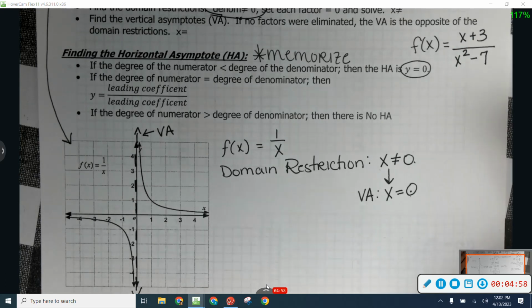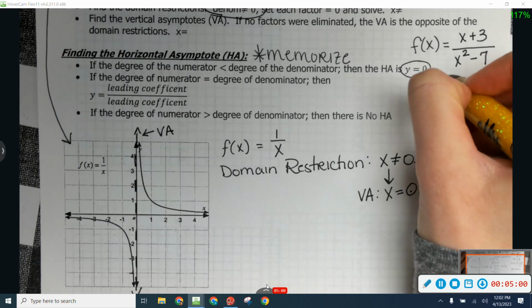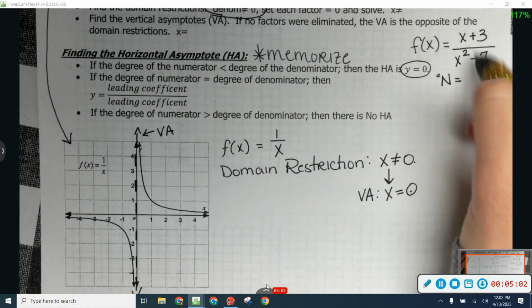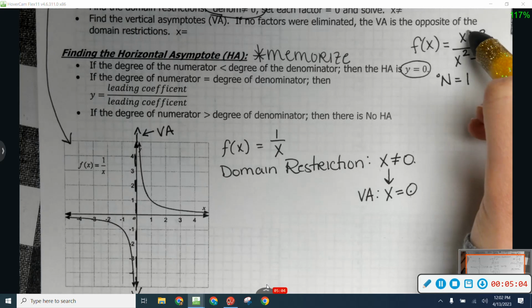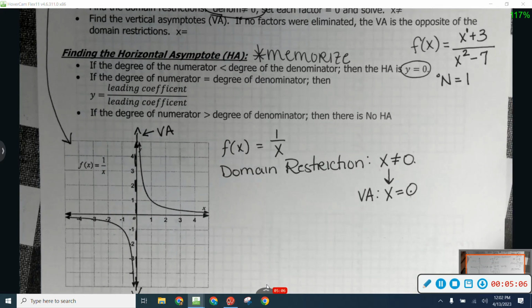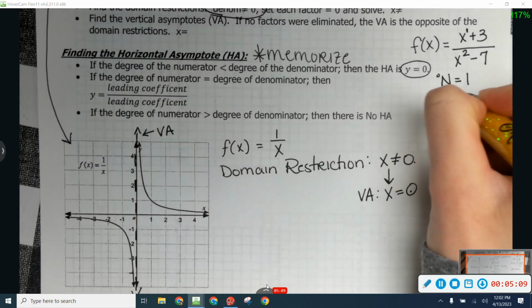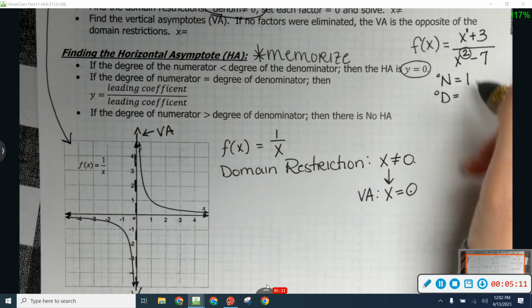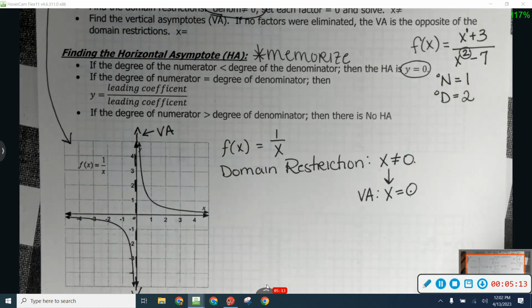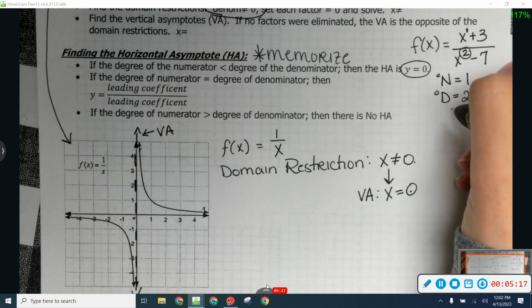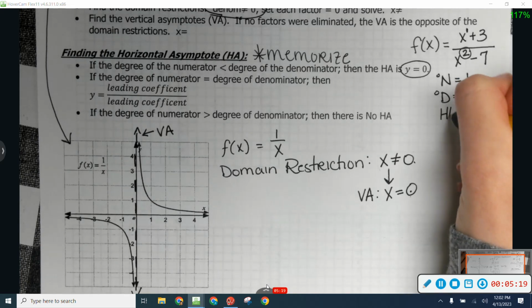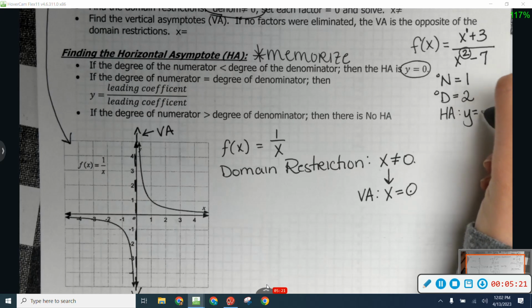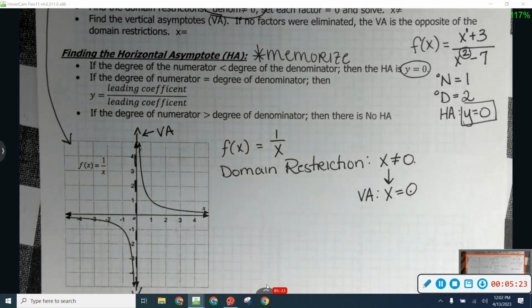If the degree is the exponent, then the degree of my numerator is just a 1, right? Because it's x to the first. The degree of my denominator, I'm looking at the exponent, is 2. Since the degree of my numerator is less than the denominator, then my horizontal asymptote would be y equals 0. Okay, so that's rule number 1.